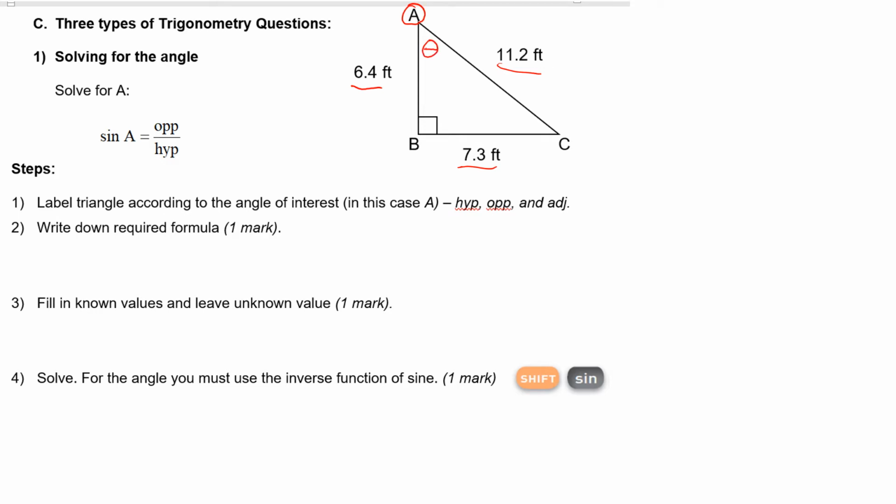So we're going to label our triangle. Here is the hypotenuse. Opposite to our angle of interest is the opposite. And the one that's left over is the adjacent.